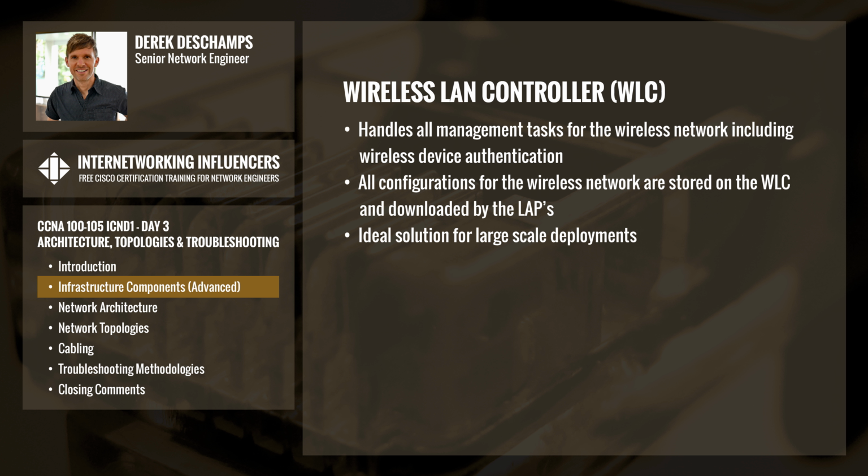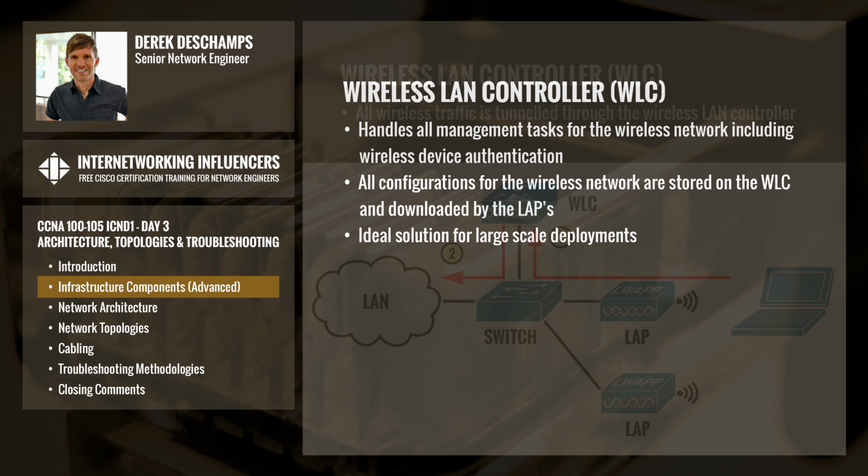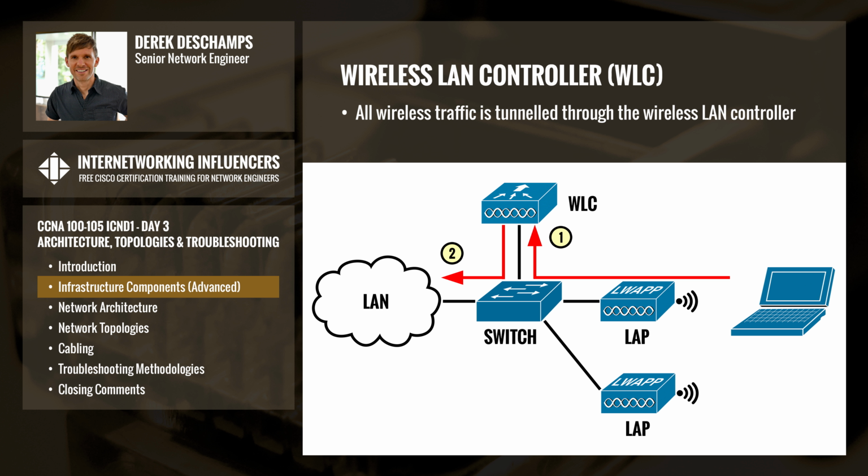This greatly simplifies management, making it an ideal solution for large-scale deployments. All wireless traffic is tunneled through the wireless LAN controller, which allows wireless devices to roam seamlessly from access point to access point when changing physical locations throughout the wireless network.